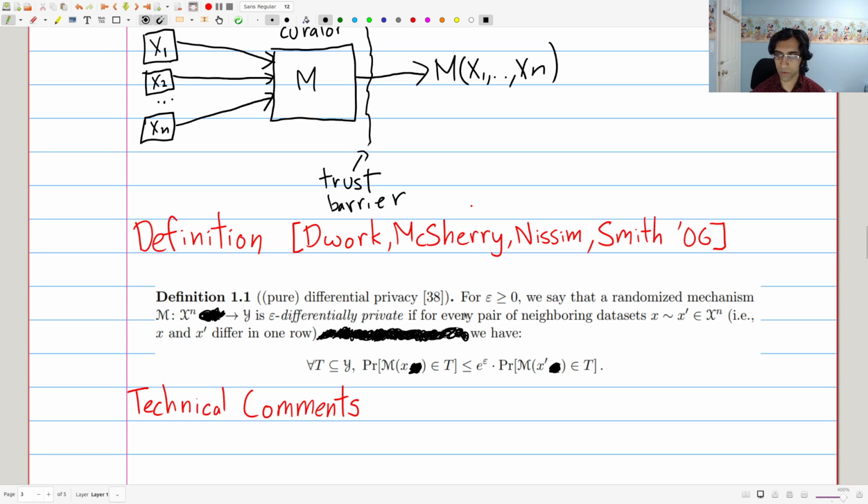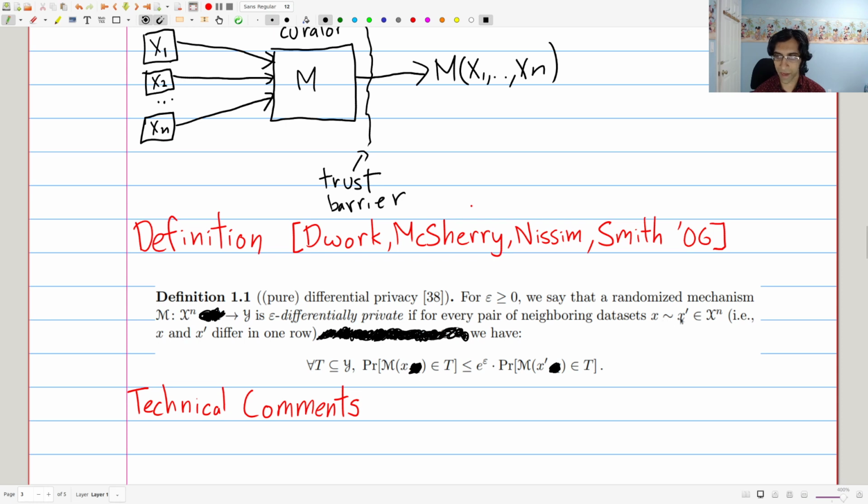We say that a randomized algorithm or mechanism M is an algorithm which takes in a data set of size n and outputs something in some space Y. We're going to say this algorithm is epsilon differentially private, so notice it's parameterized by epsilon, if for every pair of neighboring data sets, x and x prime.